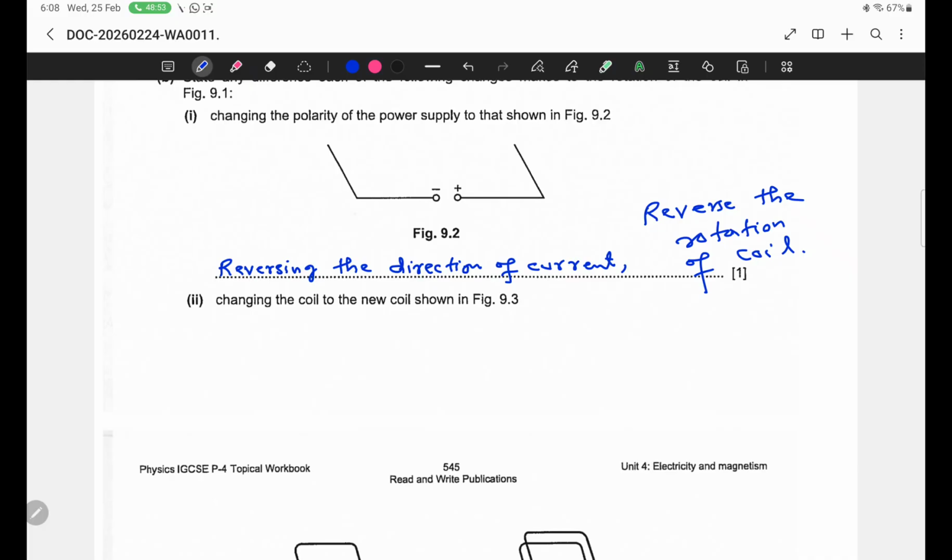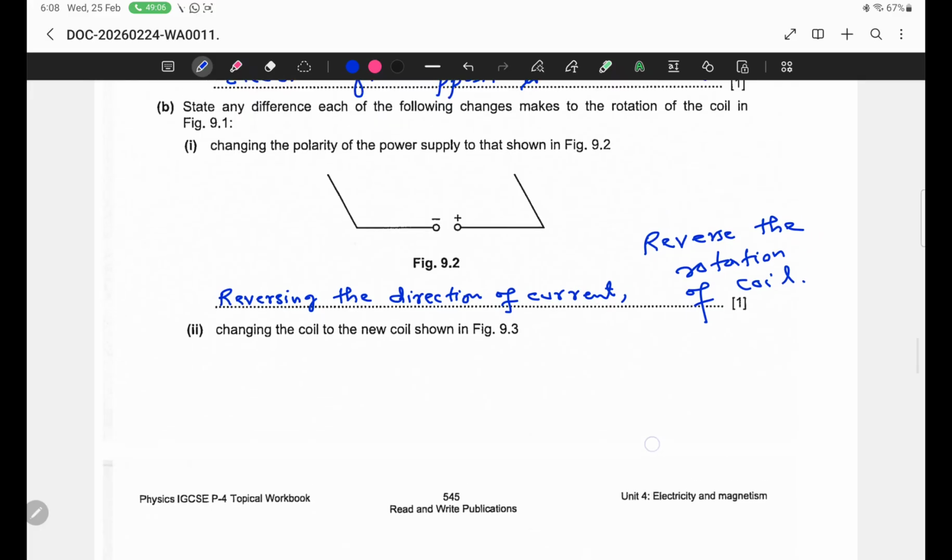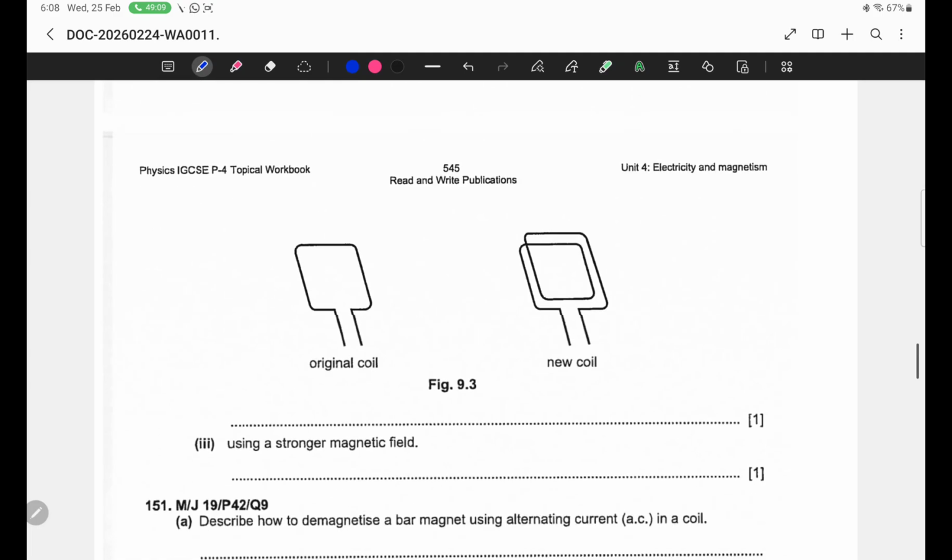When the polarity of the power supply is reversed, it reverses the direction of current, and it will reverse the rotation of the coil. Okay, so this question is completed.